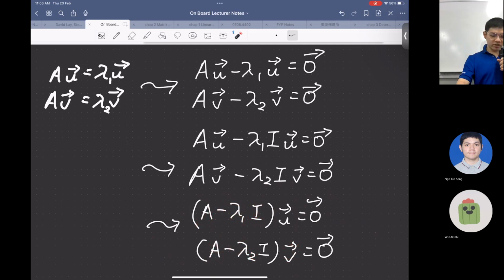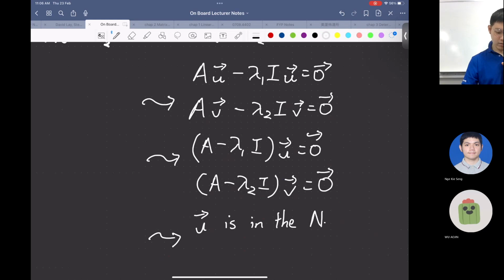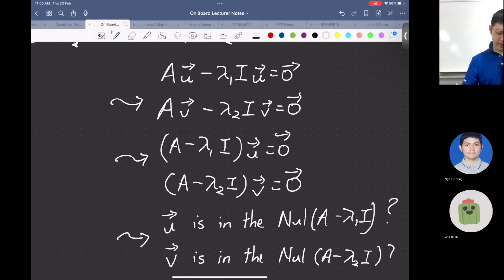So the question changed into whether U is in the null space of A minus lambda 1 times I, or V is in the null space of A minus lambda 2 times I. From here, you can use all the tools we learned from the previous case.